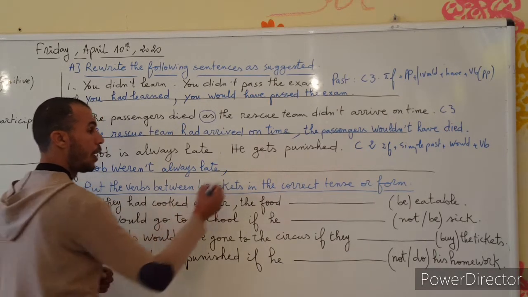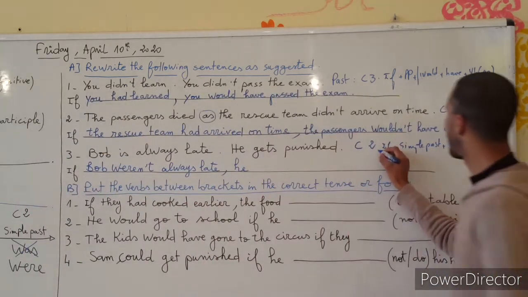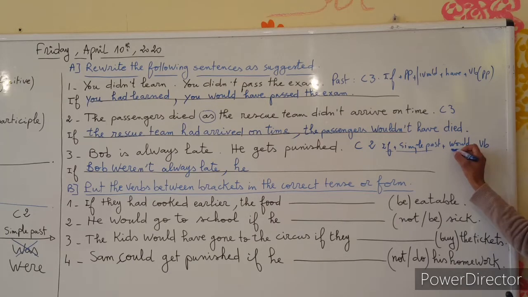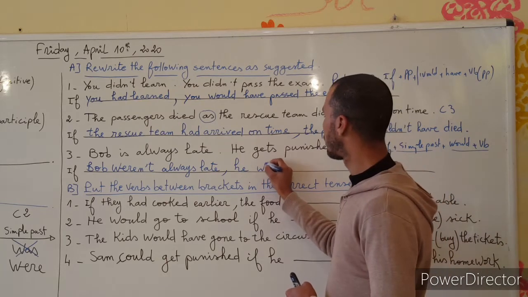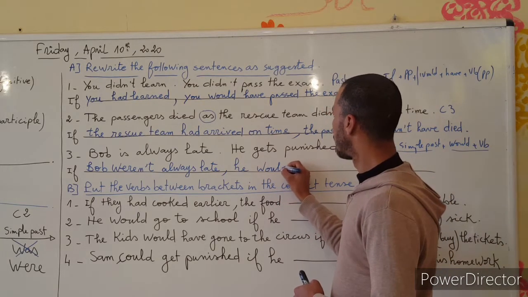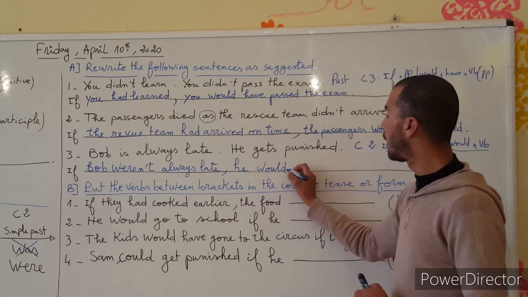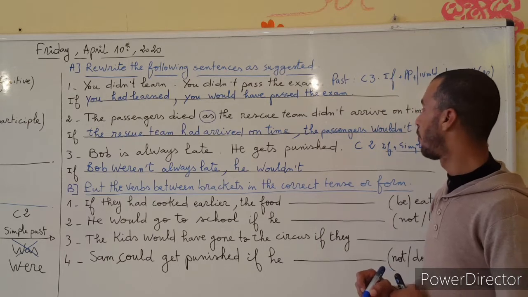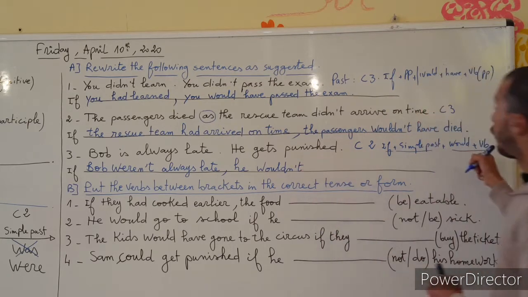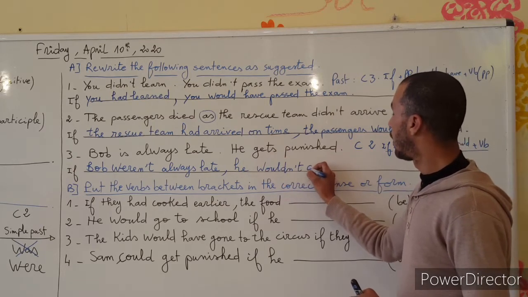Now we're finished with the first part. Now we move to the second part, starting with he. He plus would. The verb here is get, affirmative form, we write wouldn't, not would, plus verb bare infinitive, get.